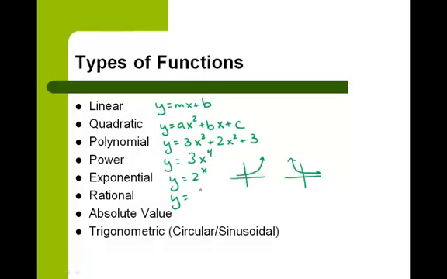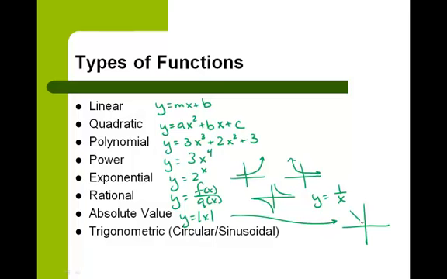Rational functions are any functions that have a polynomial divided by a polynomial. The most common rational function is the hyperbola, y equals 1 over x. Absolute value functions, we should be familiar with those as having a V shape.